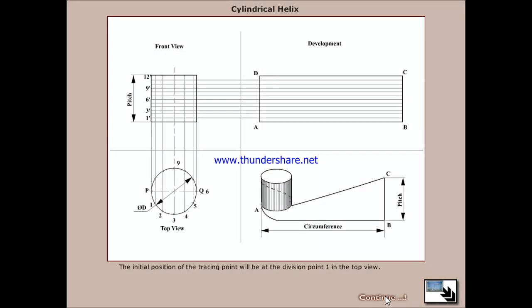Now, the initial position of the tracing point will be at division point 1 in the top view. To get the new position of the tracing point on the curved surface of the cylinder in the front view, draw a vertical line through 1 to intersect the horizontal line through 1 dash at P1.